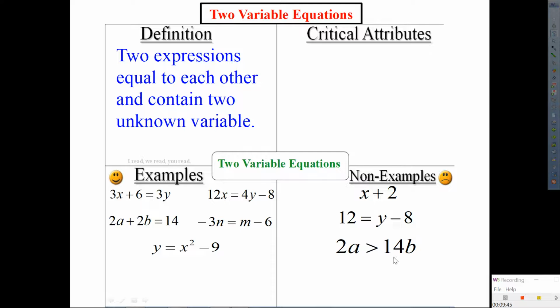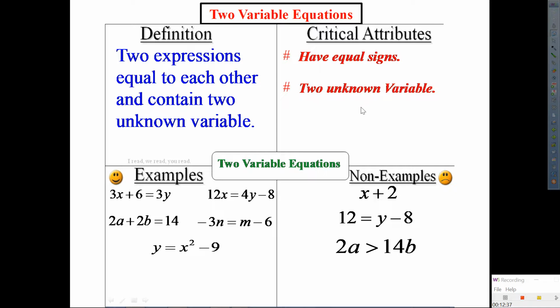It was an inequality. However, Dylan, help him out. Jalen? Two-variable inequality. That is correct. So what makes a two-variable equation a two-variable equation? It needs to have what? Equal sign and two unknown variables.